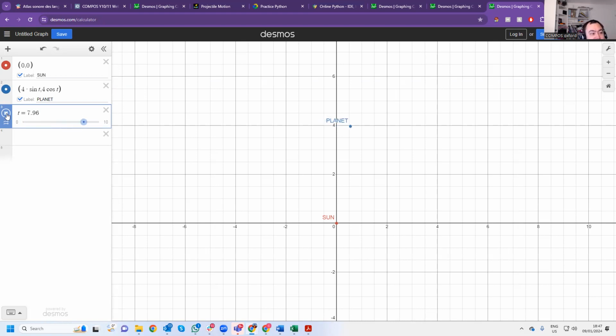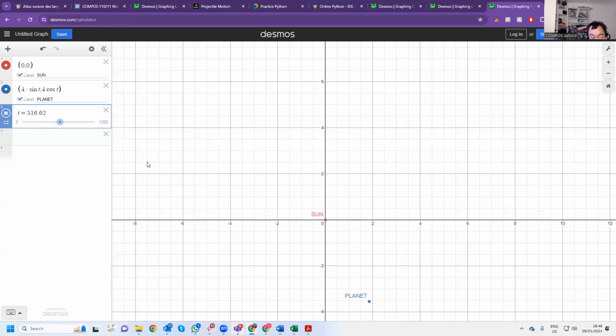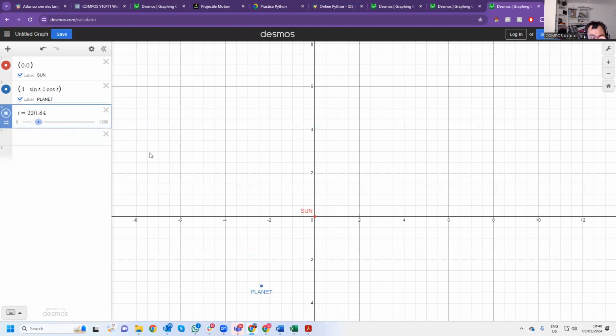Okay, that's better. So you can see the planet. That's too fast. Let's try 0.02. Okay, well, sort of. So you can have a planet going around the sun.